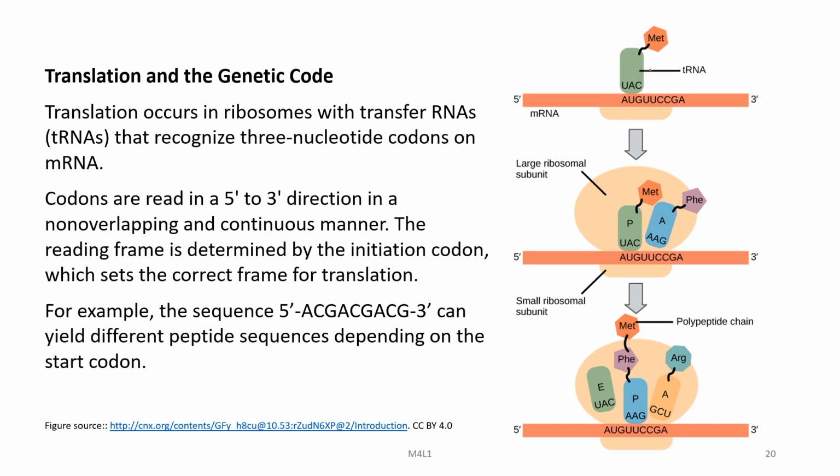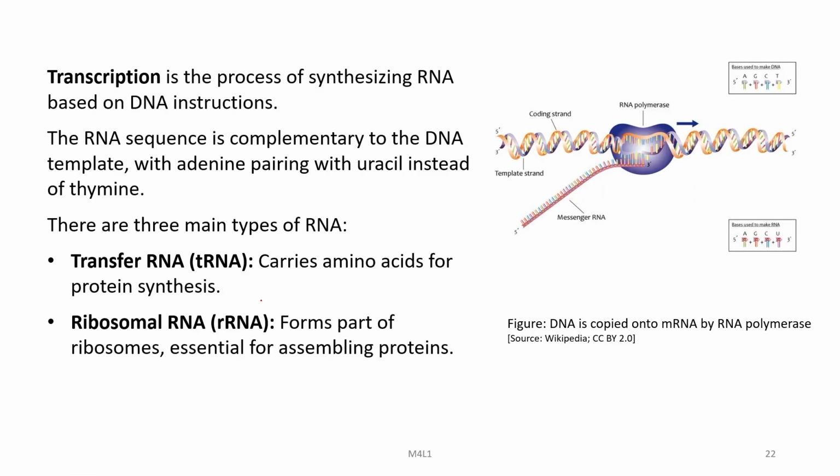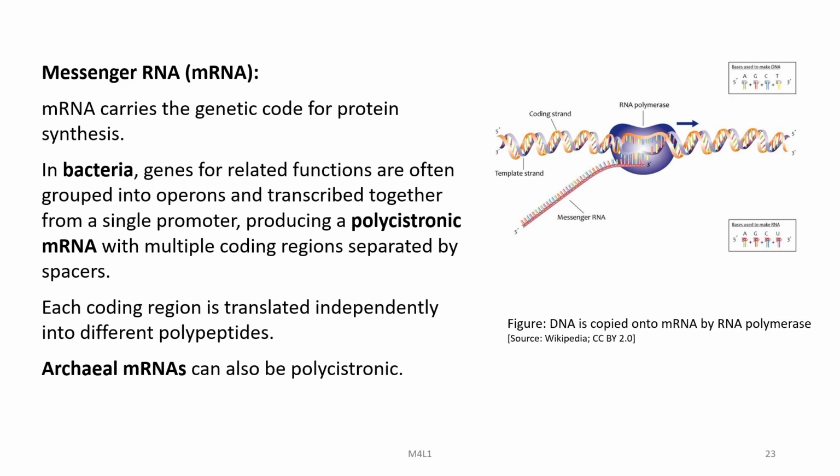So, these are rRNA, this is the tRNA which is a type of RNA, and these ribosome structures, whether it is the large or the small subunit, also have rRNA. So, ribosomal RNA, we studied about in one of the earlier lectures. Then there is messenger RNA.